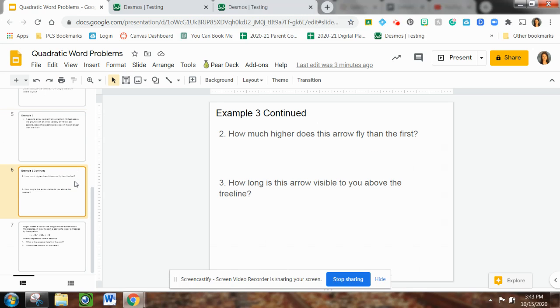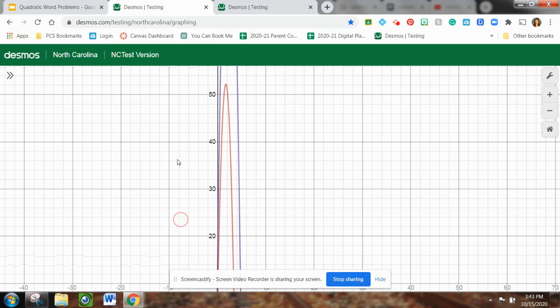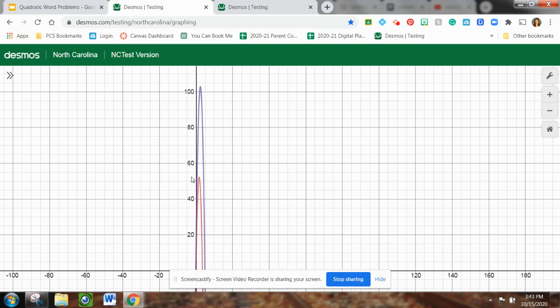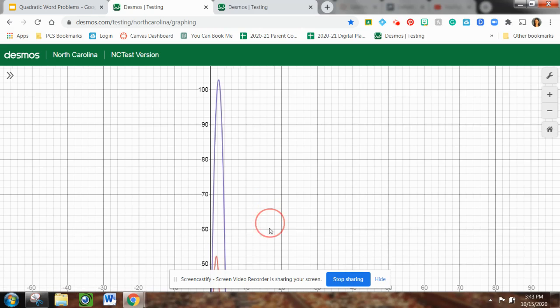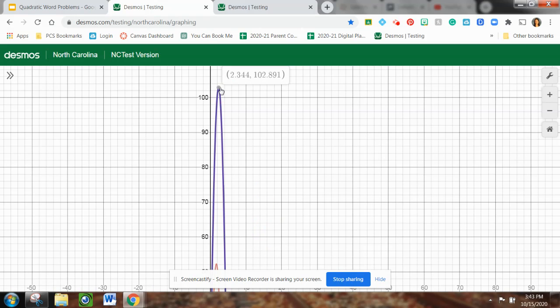Now we need to figure out how much higher the second arrow goes. So I need to examine these vertices, and I'm going to have to zoom out so I can see them both at once. So here's the second arrow. That has a maximum height of 102 feet.